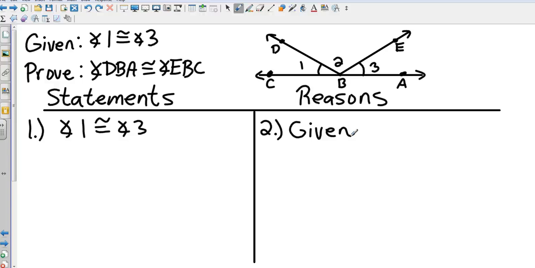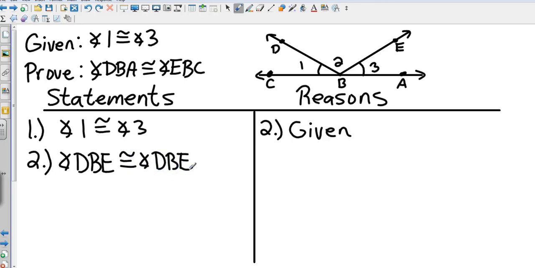And I can obviously do that by one of the properties we just discussed. And so instead of saying angle 2, I'm going to say angle DBE is congruent to angle DBE.